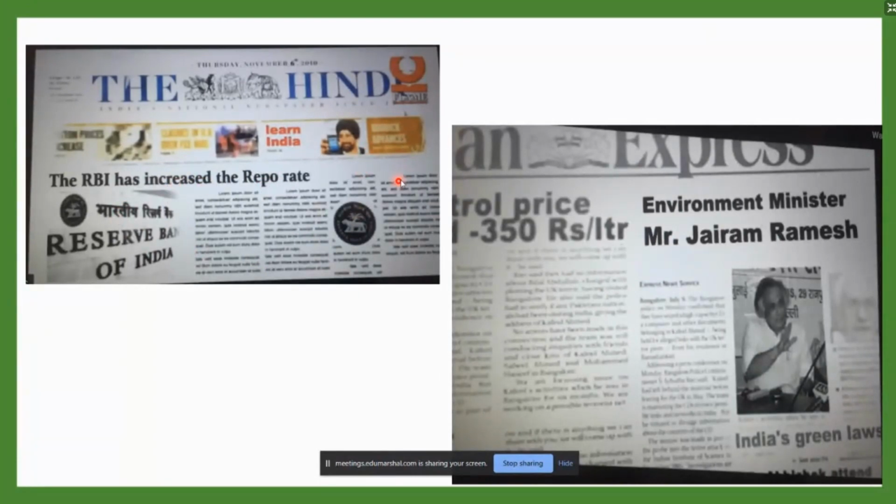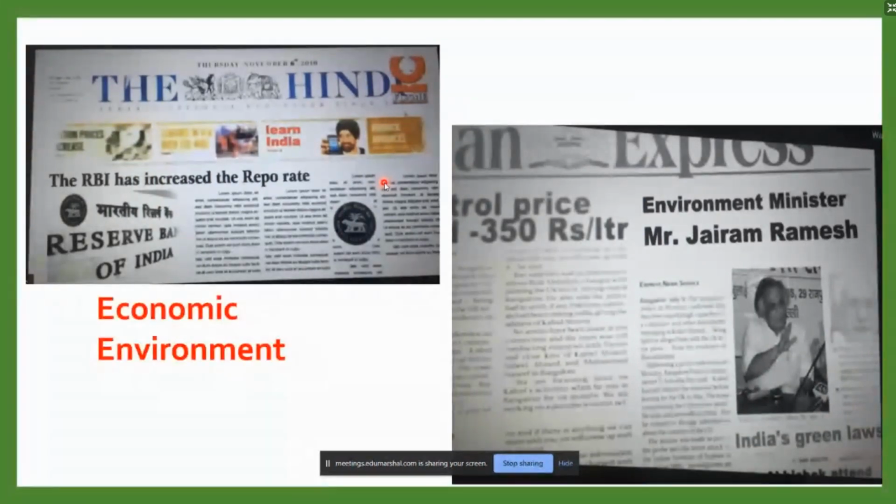So it is going to make things costlier. When you talk about repo rate and RBI, it has to be economic environment. And when you're talking about India's green laws, it has to be legal environment.